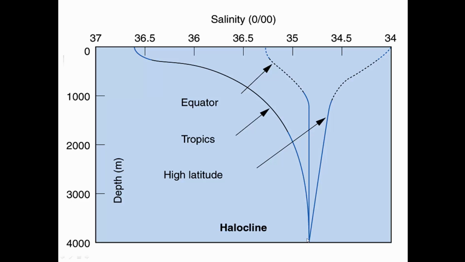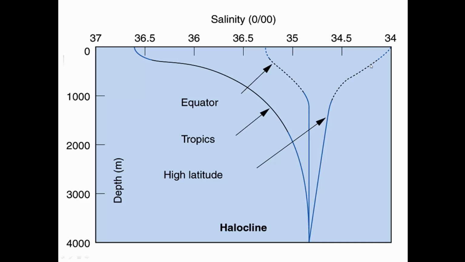So you see these lines are all pretty much the same down in the deep ocean, regardless of whether you're at the equator, the tropics, or you're at high latitudes, polar regions. Polar regions, salinity is pretty high because we're taking water out because of ice. And we actually get lots of precipitation up here and melting of ice.